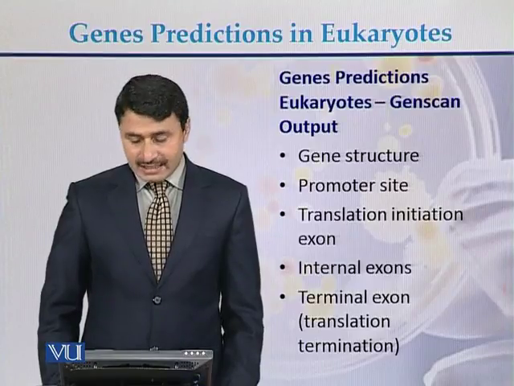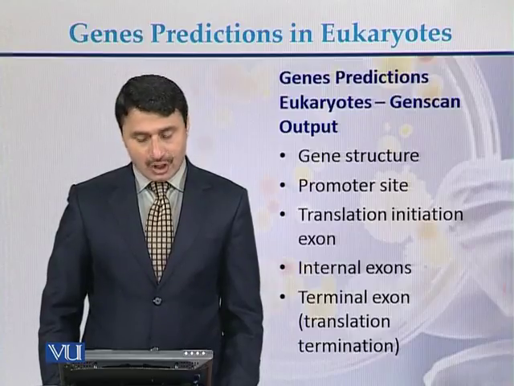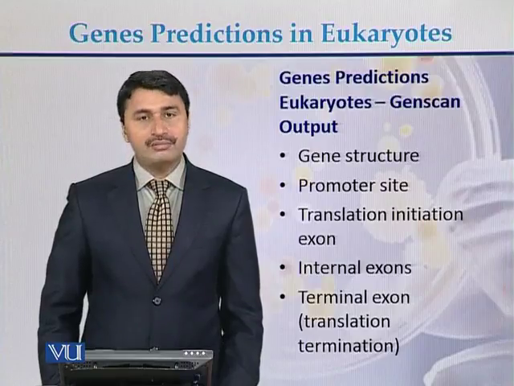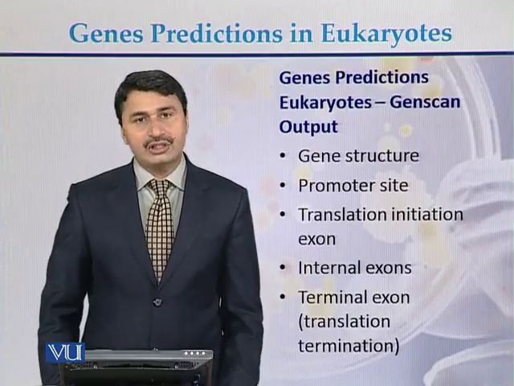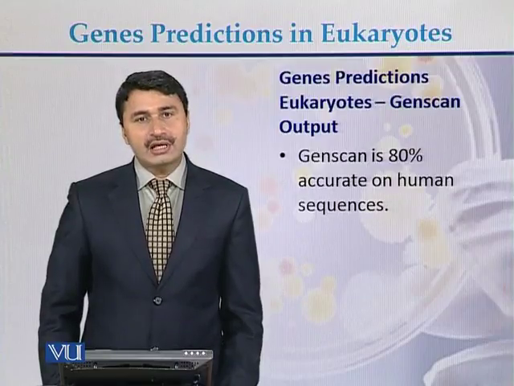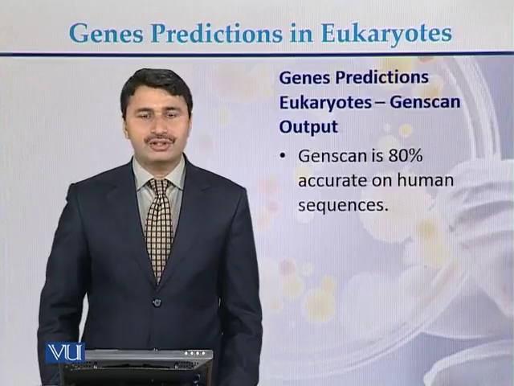It identifies the gene structure. It identifies the promoter site, translation initiation exon, internal exons, and terminal exon, meaning translation termination exons. Genscan is approximately 80% accurate on human sequences.